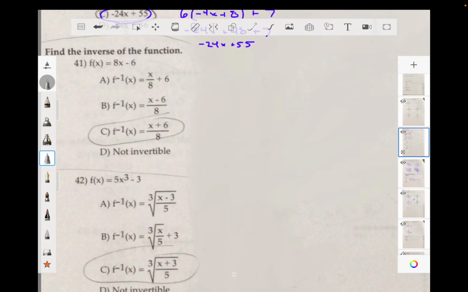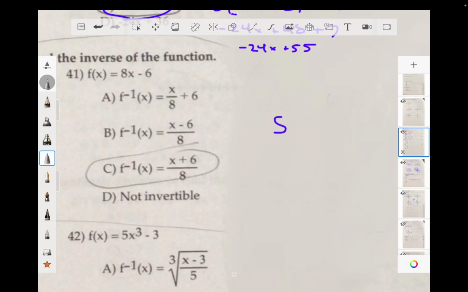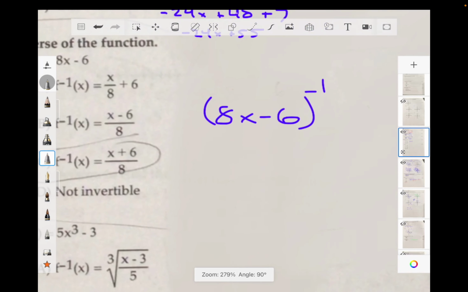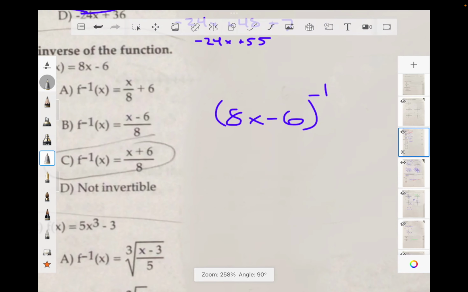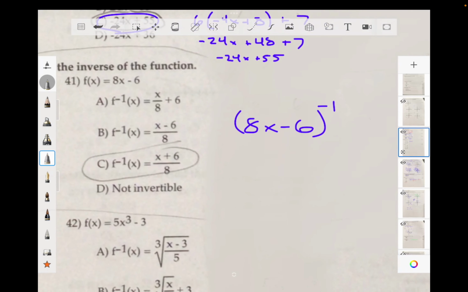No, that's right. Either way, the inverse is making it the reciprocal, or to the negative 1. Honestly, you could just do this. Why is it x plus 6 over 8, though?